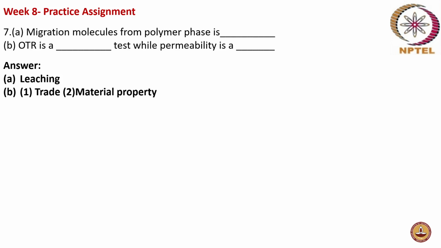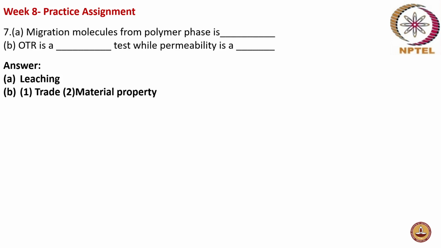Okay, and in fact in the lectures it was discussed, where for example in case of polyethylene the oxygen transmission rate is higher. Similarly, permeability for oxygen is higher. So the material property and the trade test give similar results, and the trade test can be used to give an idea, especially for commercial applications.